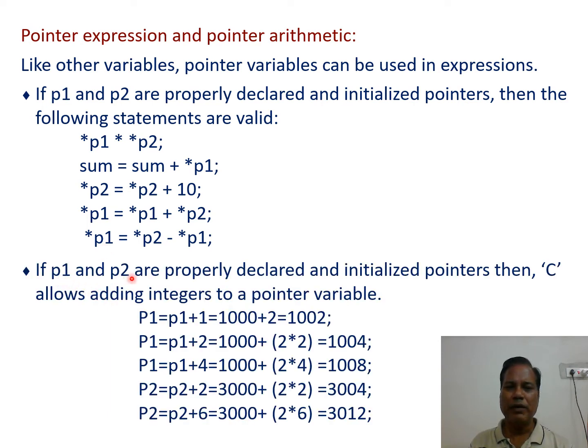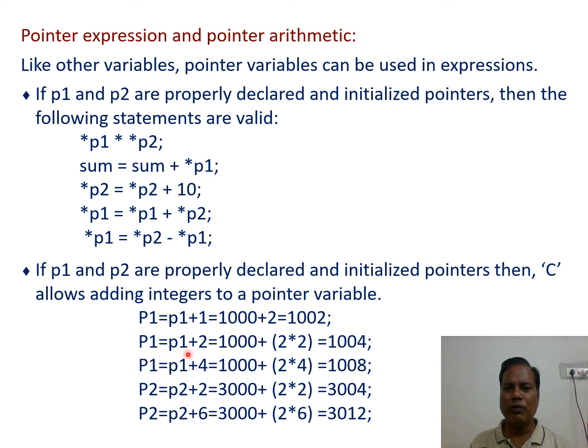If P1 and P2 are properly declared and initialized pointers, then C allows adding integers to a pointer variable, like P1 equal to P1 plus 1. As it stores the address, P1 will be equal to 1000 plus 2, equal to 1002.